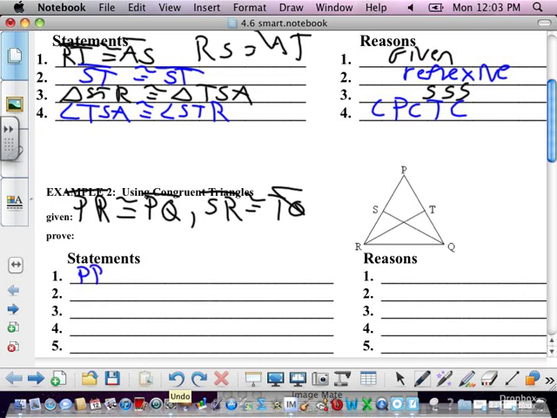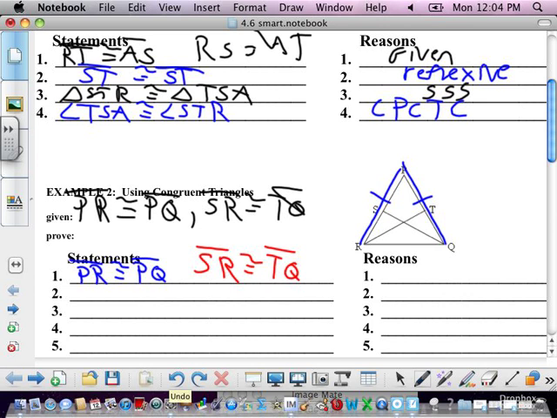PR congruent to PQ. So I walk over and, okay, PR, the whole thing, congruent to PQ, the whole thing. Okay, and then I've got SR is congruent to TQ.